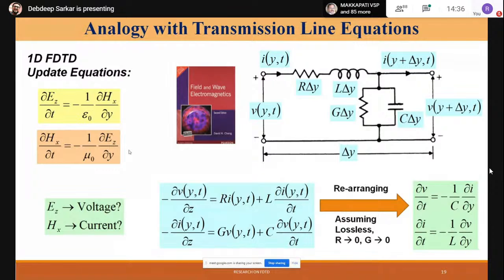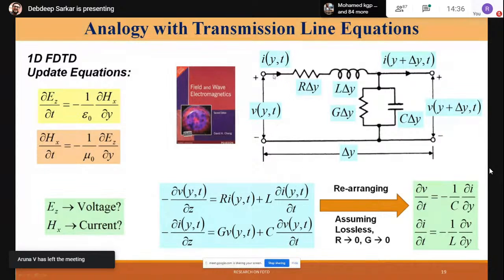I'll not digress to the transmission line design or equations, but just to give you an idea: since this is a transverse electromagnetic wave kind of propagation, you can actually see the analogy with the transmission line itself.